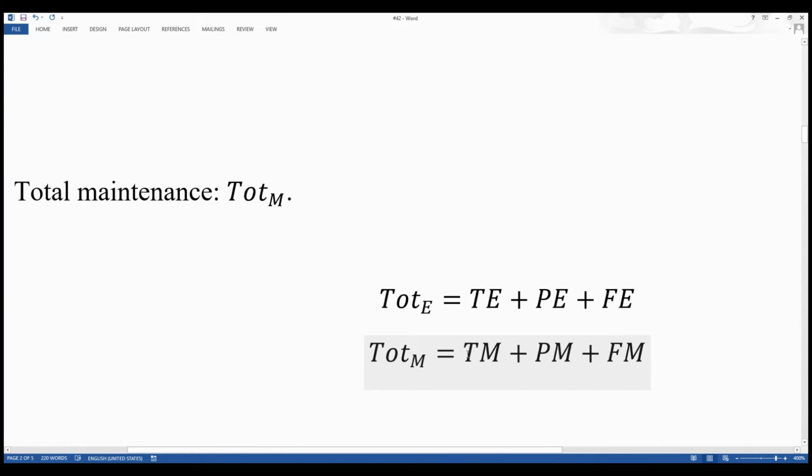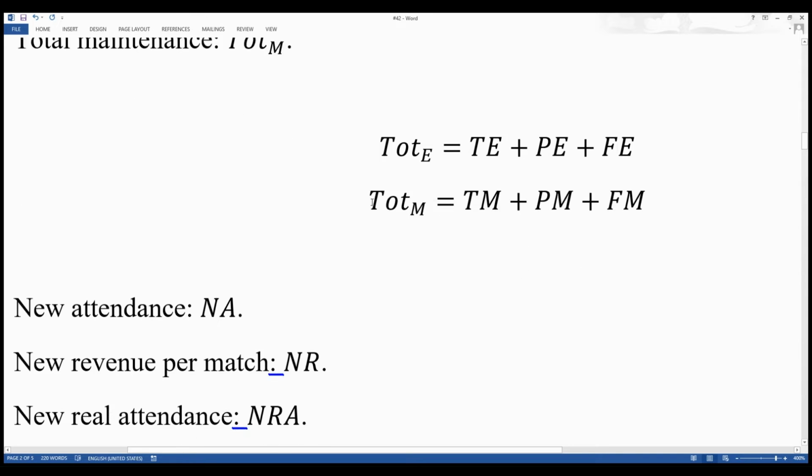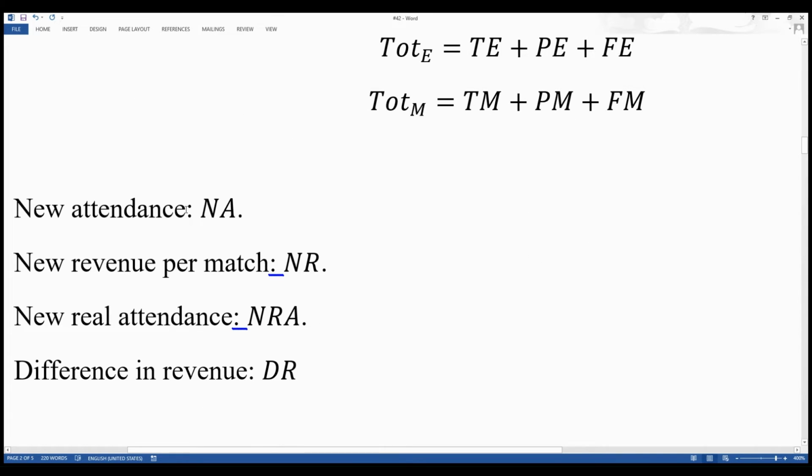Now I need just a few more variables that I will calculate based on these variables that I defined so far, which are the new attendance, new revenue per match, new real attendance, and difference in revenue.